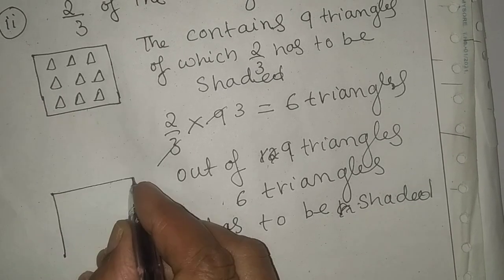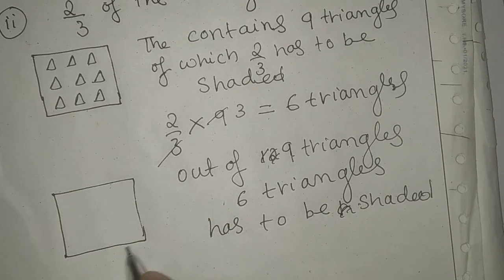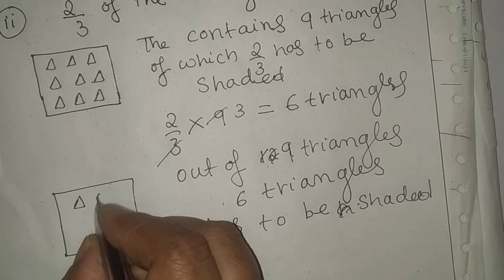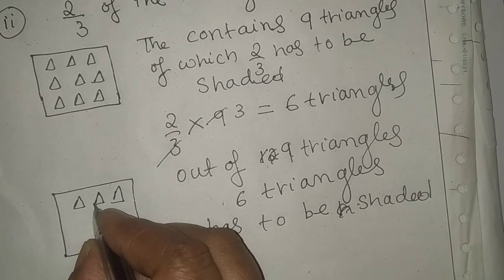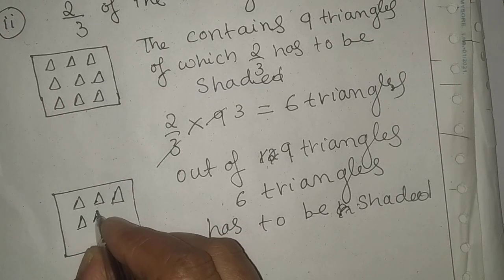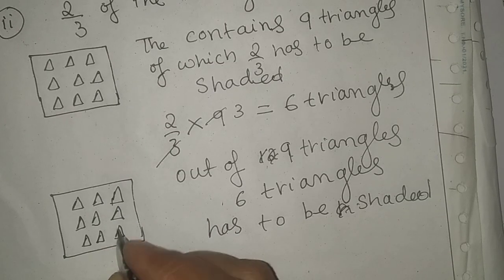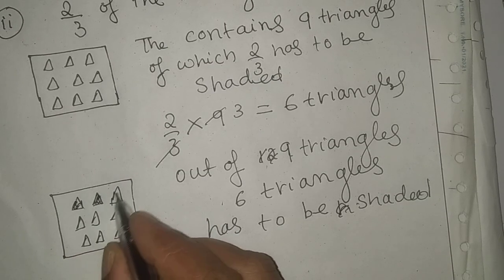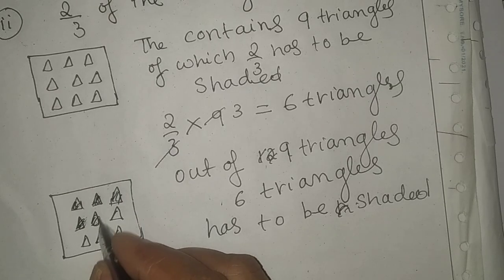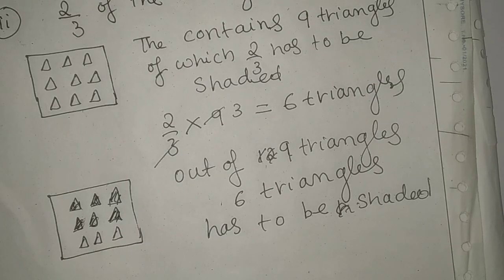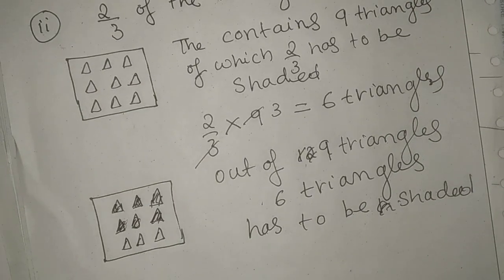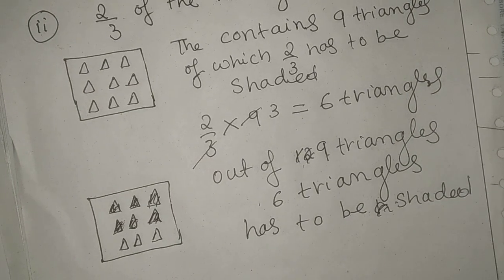So draw the triangle here. This is the box containing all the triangles, 9 triangles, of which according to the problem we have to shade 6 triangles. This is the solution for the question 4, that is the second sub-problem.